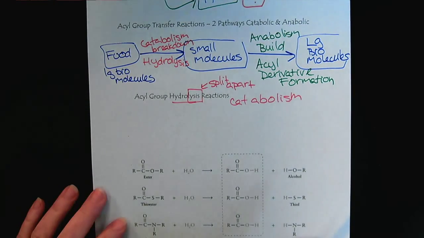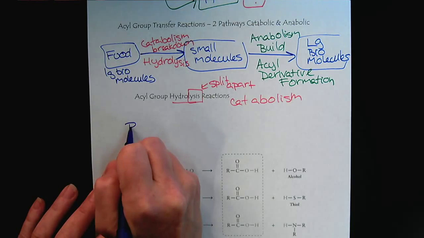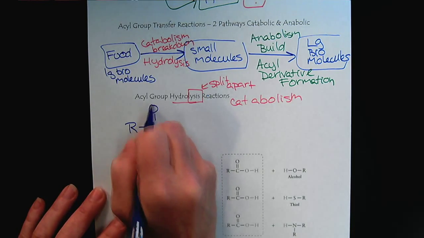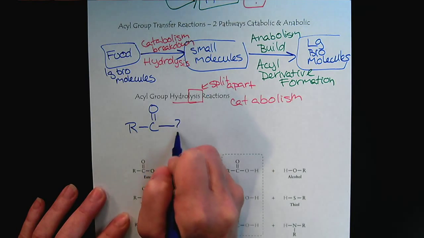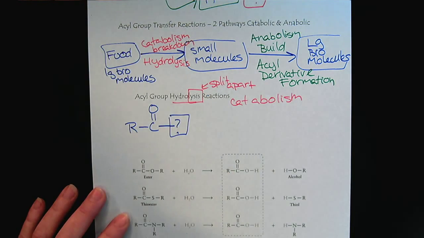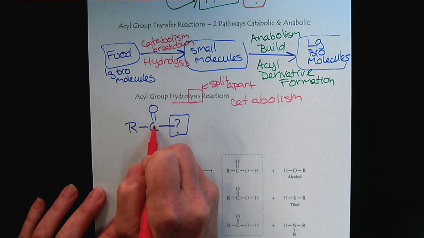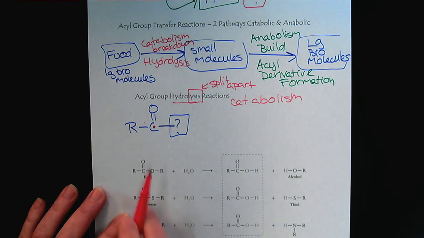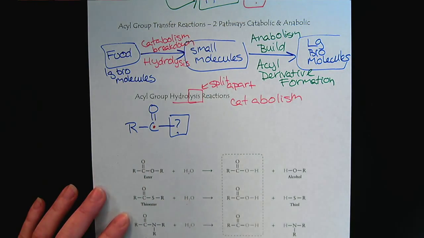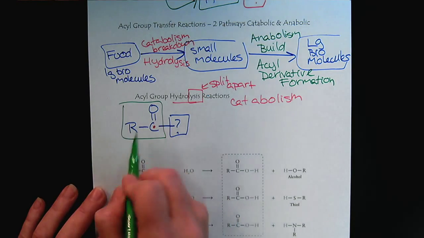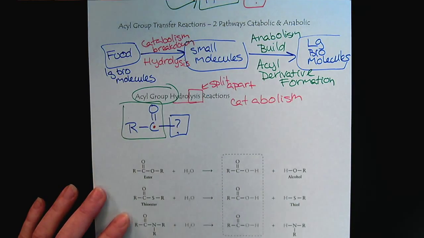Here, what we're going to learn is many of the biomolecules in our food have this acyl group, but this is the part that varies. We're going to focus our attention on this carbonyl carbon and recognize that we treat the acyl group as its own species, so to speak.